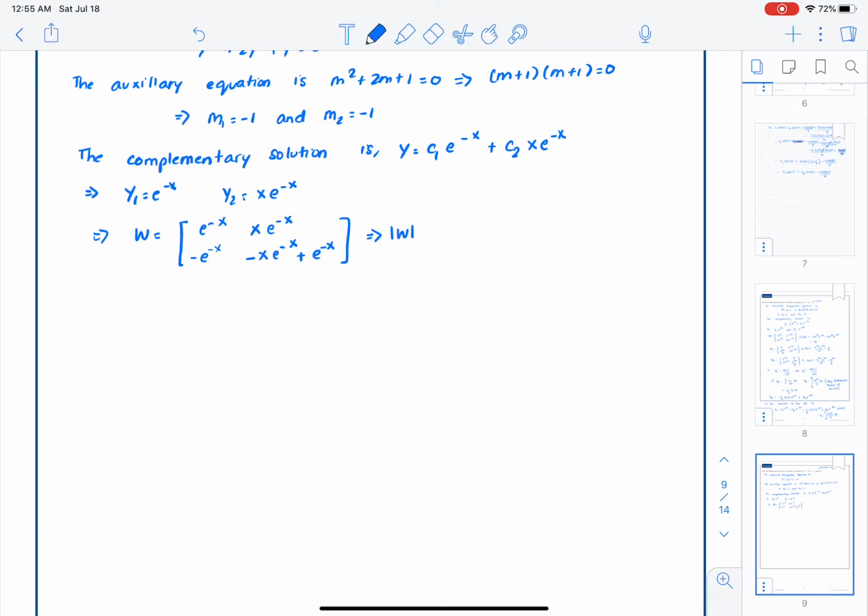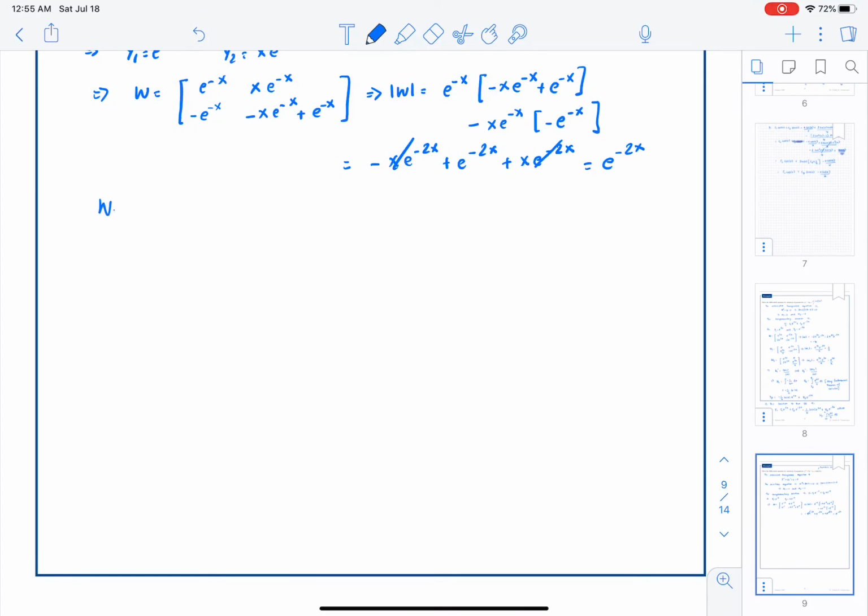The determinant of the Wronskian is e^(-x) times (minus x e^(-x) plus e^(-x)), minus x e^(-x) times minus e^(-x). So we will have minus x e^(-2x) plus e^(-2x) plus x e^(-2x). Those two would go away. We simply have e^(-2x).